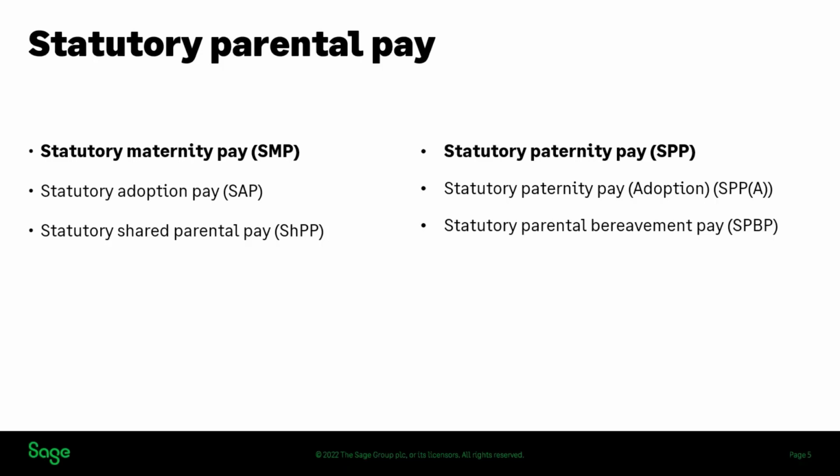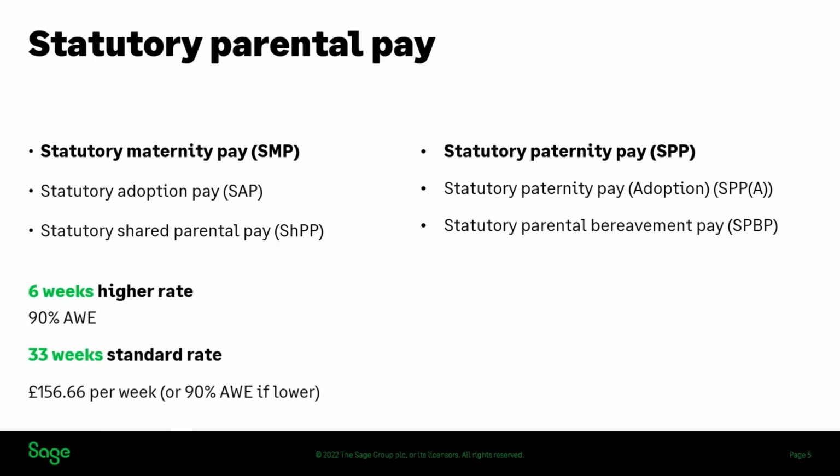These are set by the government and actually funded mainly by the government as well, as you'll be reclaiming these payments. So for maternity and adoption pay, the employee will get 6 weeks pay at the higher rate, which is 90% of their average weekly earnings, that's AWE, followed by 33 weeks at the standard rate, which for the current tax year is 156.66 per week, or 90% of the average weekly earnings if that's lower.